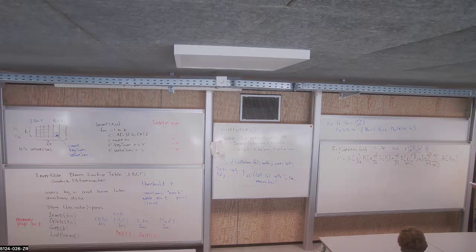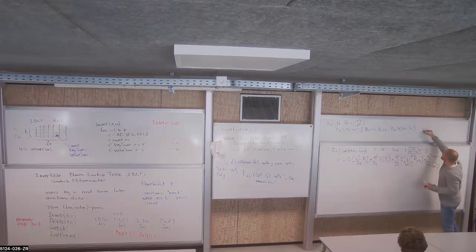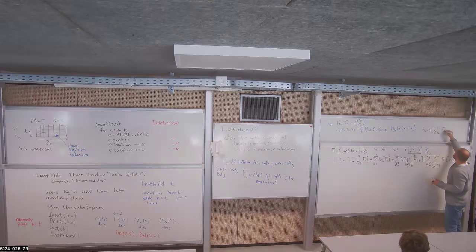And now my claim, which requires a little bit of argument, is that the event F_j,S is contained in the union over T1 to TK of F_j,S,T1 to TK.